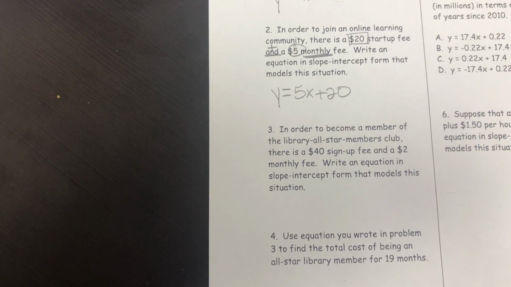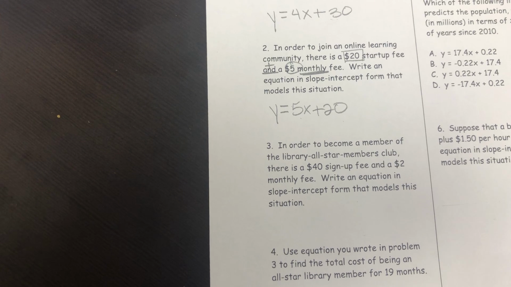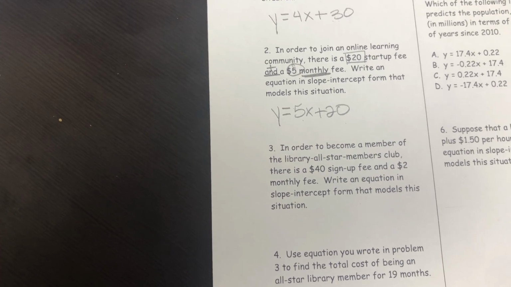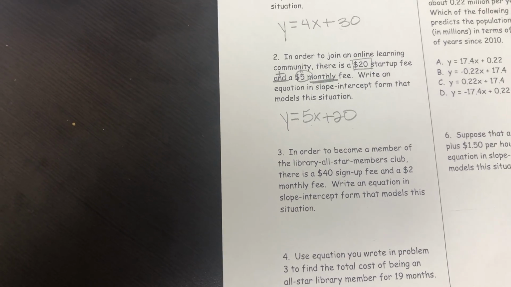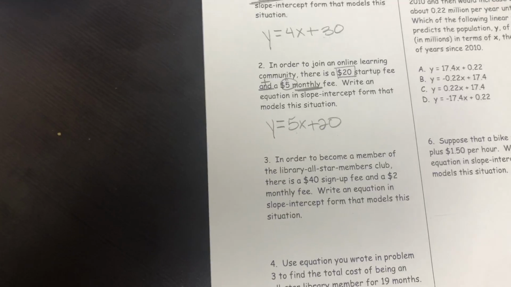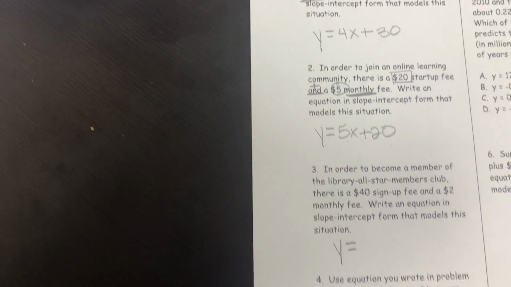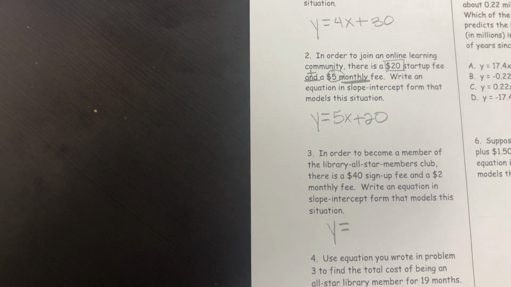All right, number 3. In order to become a member of the Library All-Star Members Club, there's a $40 sign-up fee and a $2 monthly fee. Write an equation in slope-intercept form that models this equation. All right, so once we do that, we all know that they're going to pretty much start with y equals, of course.